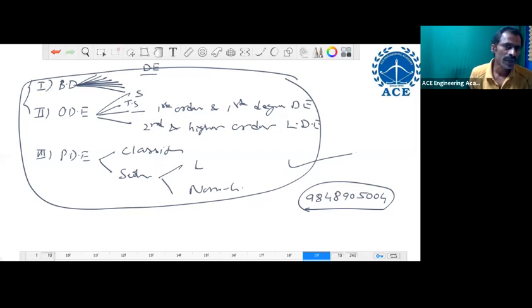Based on the schedule, we come and take the topic. But if I start one topic, then I will complete that topic. I started the differential equation, so I completed the differential equation topic. Different teachers may take different topics, or one teacher may take all topics, or one teacher may take half of the syllabus. That depends on the schedule.